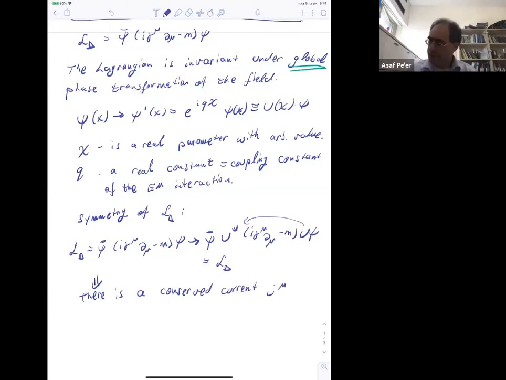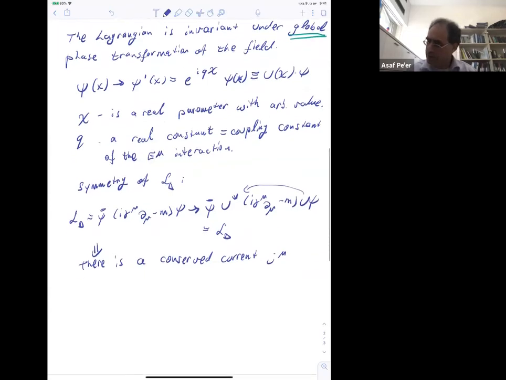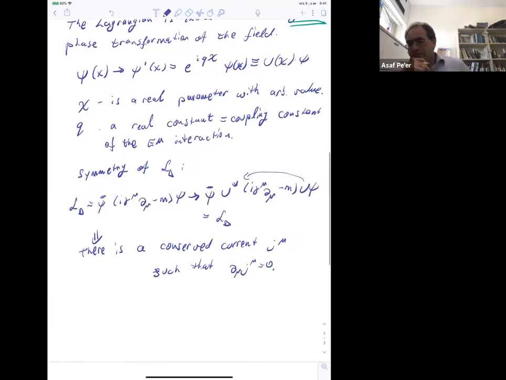Conserved current means that d_mu J^mu is equal to 0. So let's find the current. How can we find the current? In a very similar way as we did in the classical example.